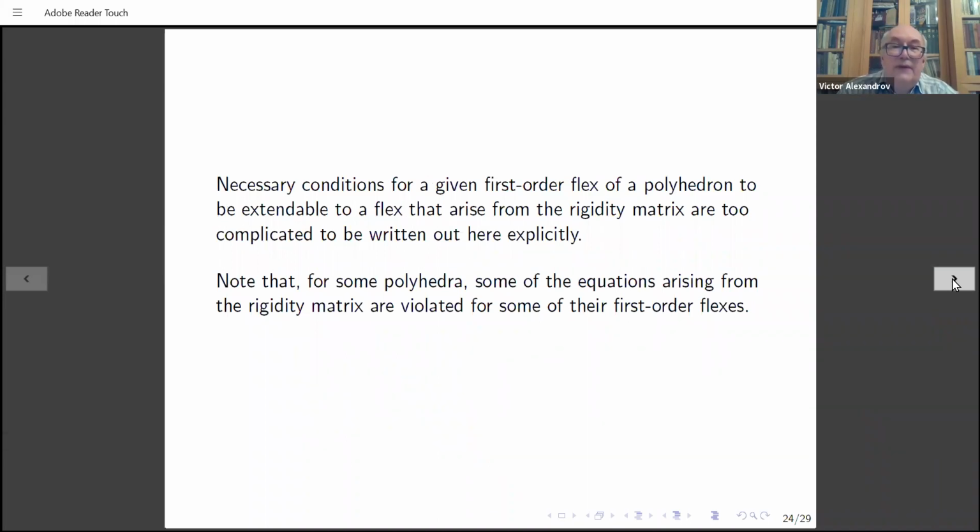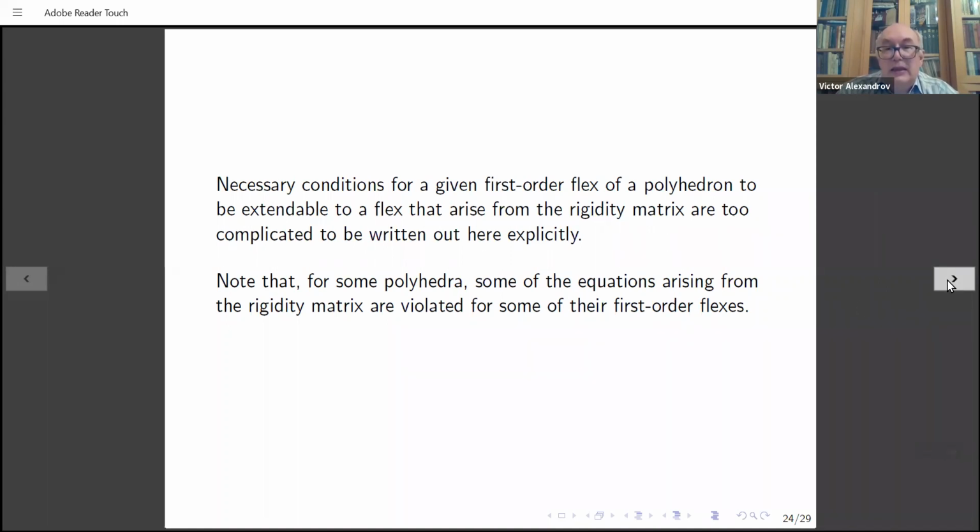Necessary conditions for a given first order flex of a polyhedron to be extendable to a flex that arise from the rigidity matrix are too complicated and too long to be written out here explicitly. Just note that for some polyhedra, some of the equations arising from the rigidity matrix are violated for some of the first order flexes of the polyhedron. So I mean these equations are not consequences of the equations from the definition of the first order flex.